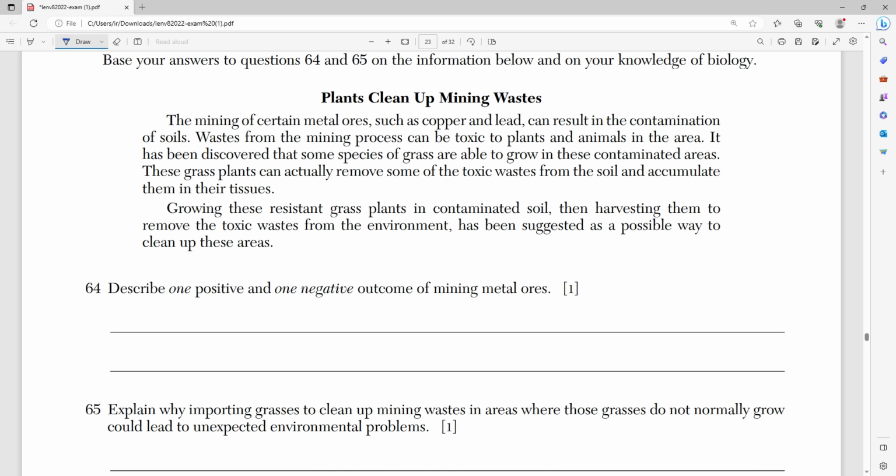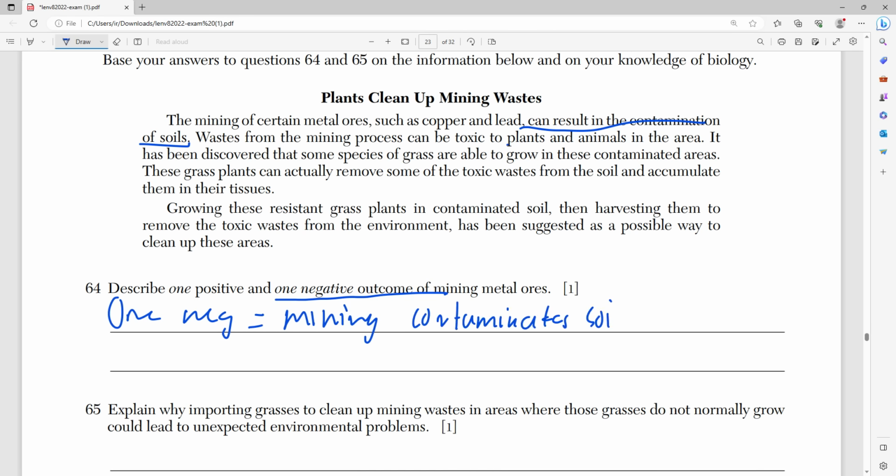Right, so obviously, one negative outcome is the fact that it destroys environments, right? A contamination of soils, right? So one negative is mining contaminates soil and harms the environment.